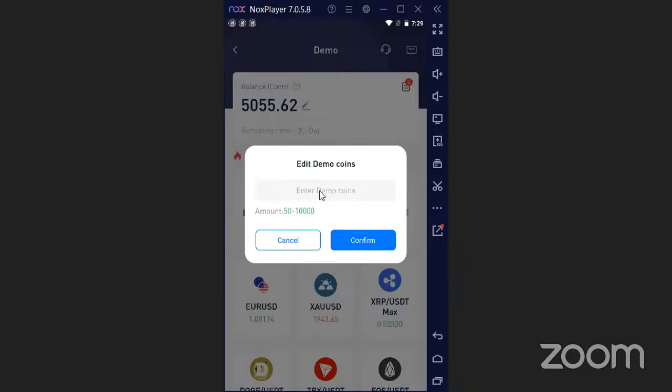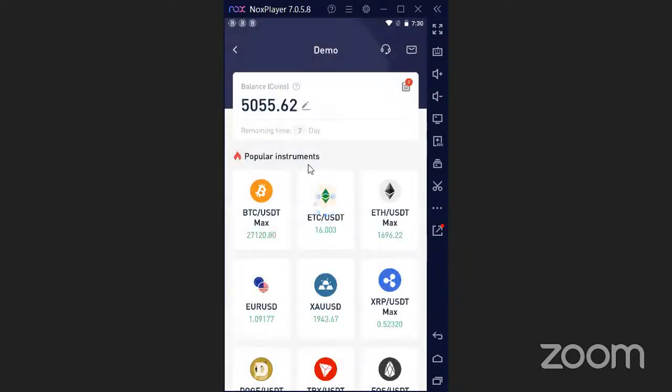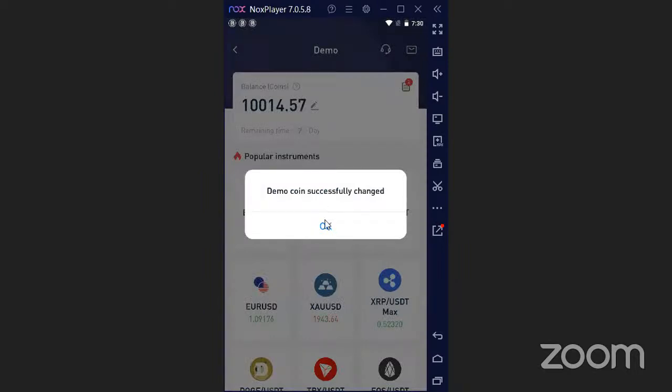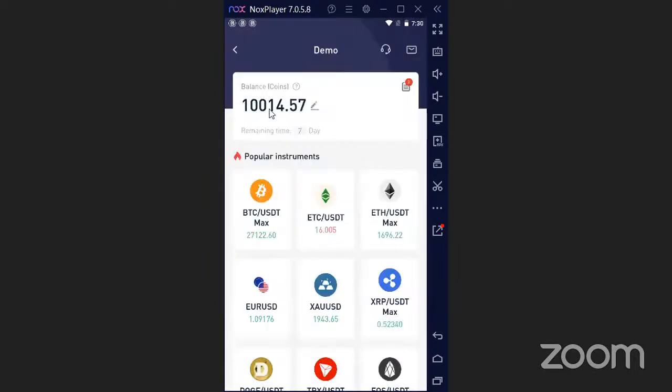Let's say we want it to be 10,000 coin. The least amount you can decrease it to is 50 coin, and the maximum you can increase it to is 10,000. So you see, it has changed to 10,000 coin. That is how the demo account works.